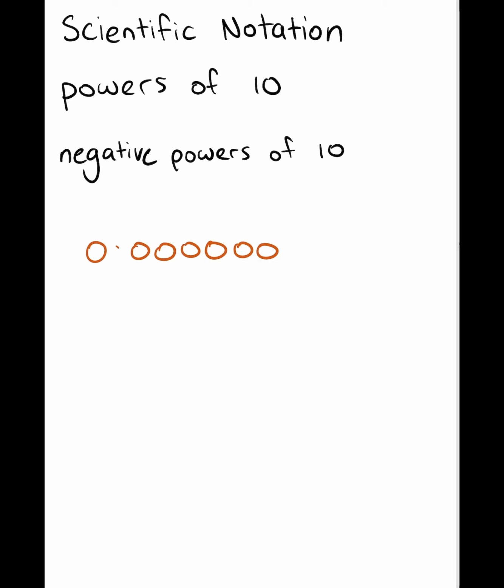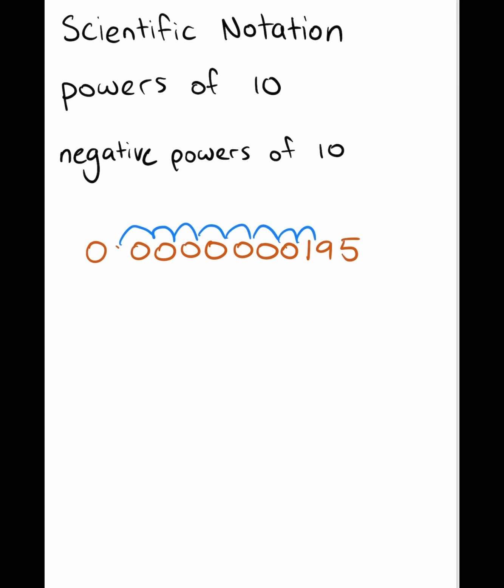So let's look at this one, for example. We've got 0.00000000195. We've got to do the exact same thing we did before. We're looking for the first non-zero number. In this case, that's going to be 1, isn't it? So we look at how many jumps we have to do before we get past 1.